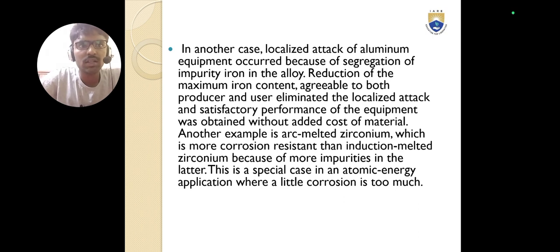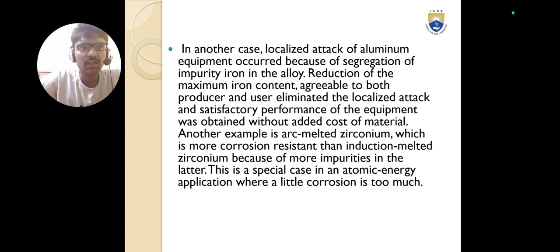In another case, localized attack of aluminum equipment occurred because of segregation of impurity iron in the alloy. Reduction of the maximum iron content, agreed by both producers and users, eliminated the localized attack, and satisfactory performance of equipment was obtained without added cost of material.